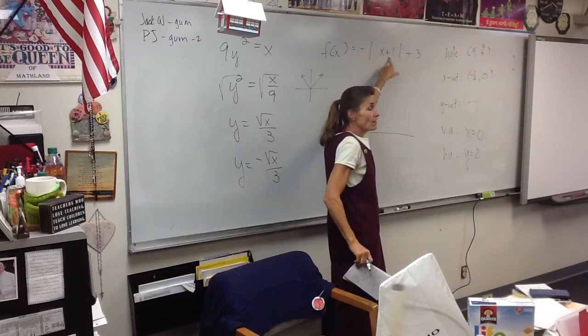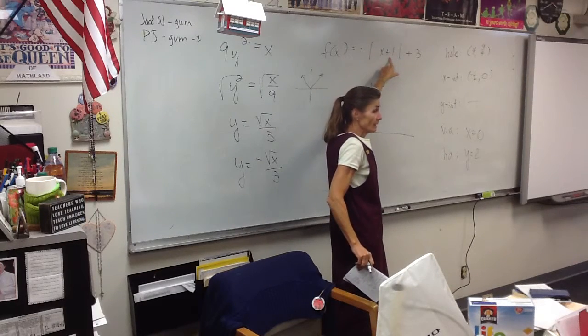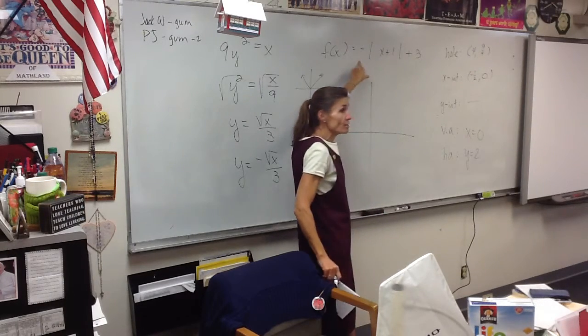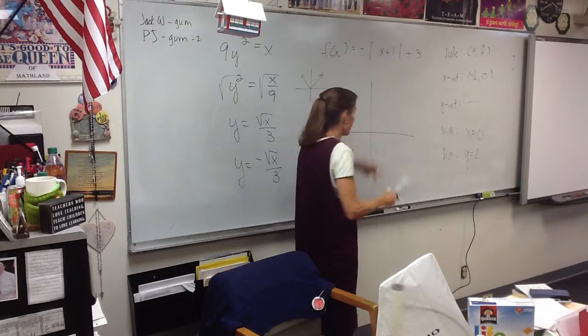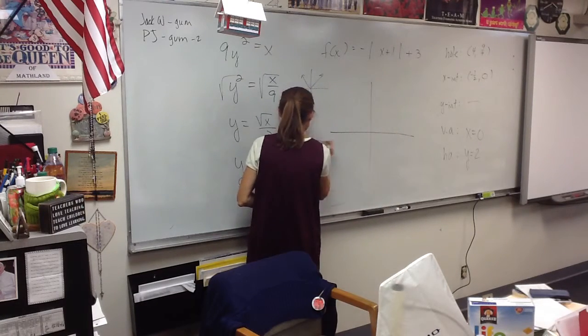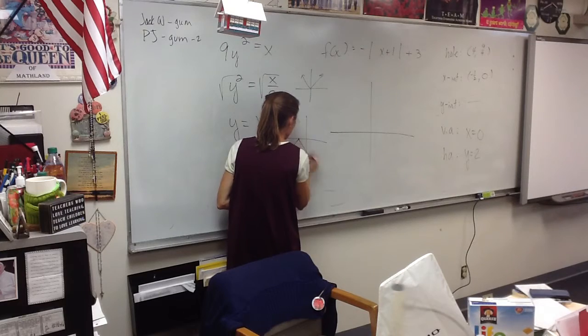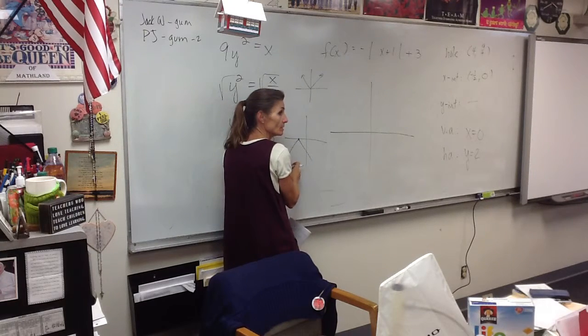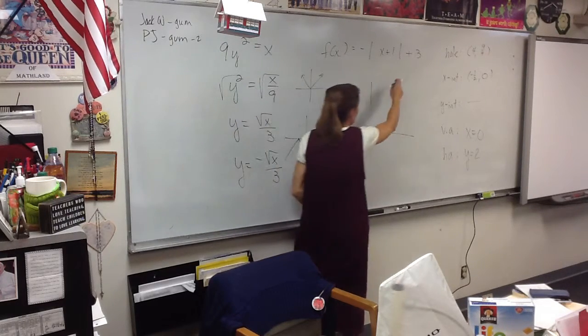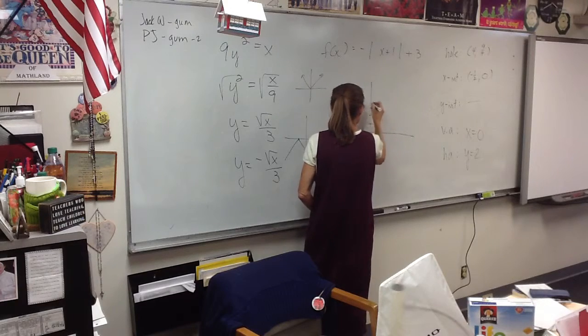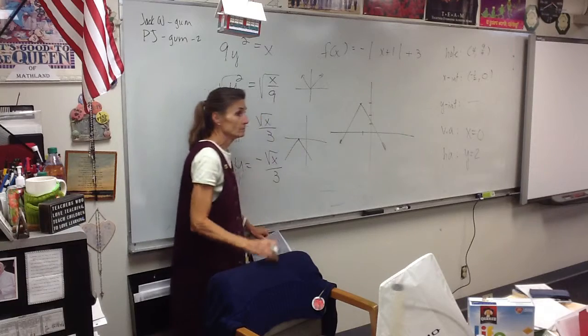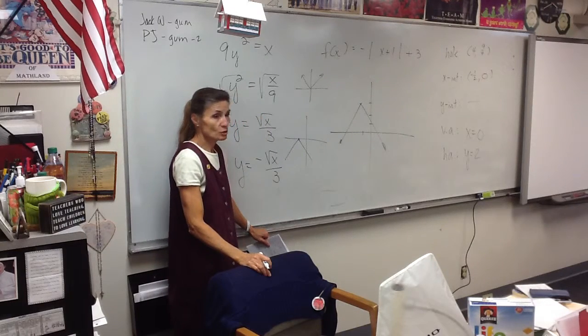You moved it 1 unit to the left and turned it upside down. So I'm going to do this in stages. So you moved it 1 unit to the left and turned it upside down, right? And then what did you do to it? You moved it up 3. So would that be a picture of this situation?